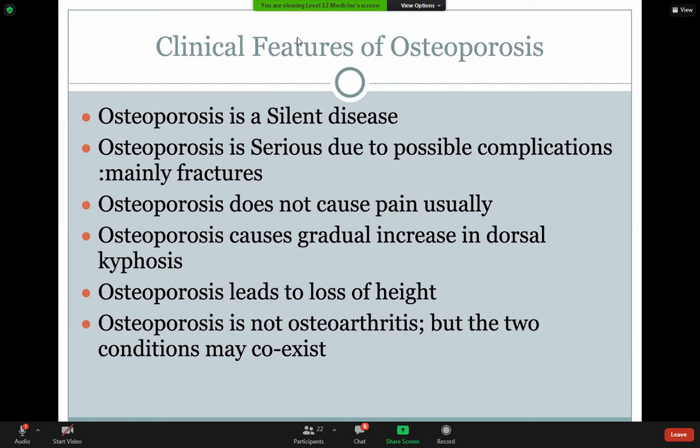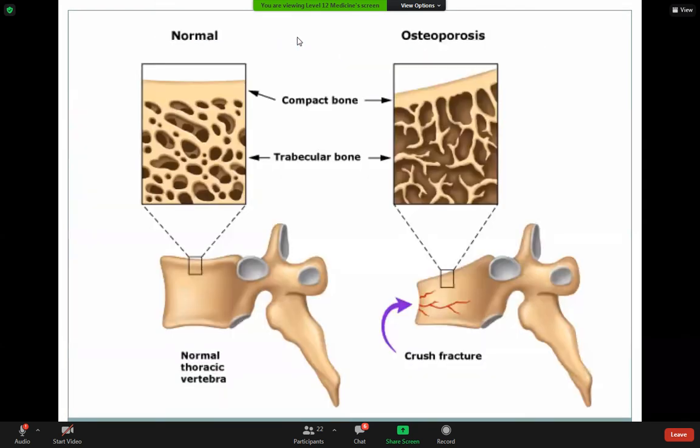Osteoporosis leads to loss of height, so they become shorter, and it is not osteoarthritis. But the two conditions may coexist. The same patient may have osteoporosis and osteoarthritis, but they are two different diseases.